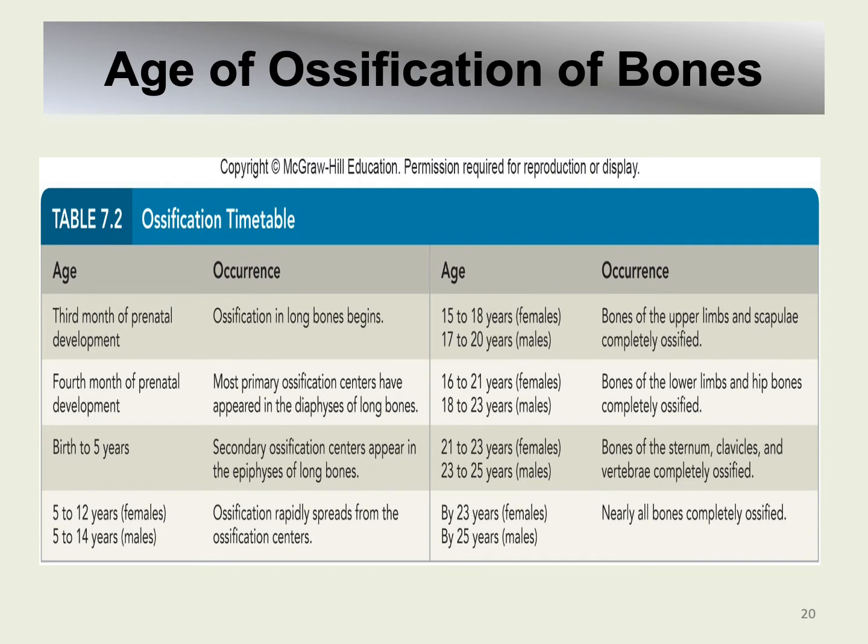When you look at females of 15 to 18 years, you will see the bones of the upper limbs and scapula completely ossified. So if they are completely ossified, you can tell that this kid cannot be younger than 15 if female, or younger than 17 if male. So those are the criteria that determine roughly the age.